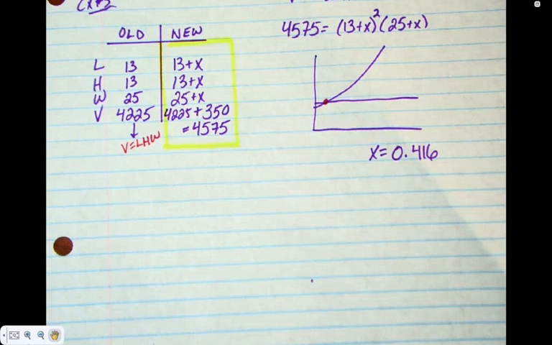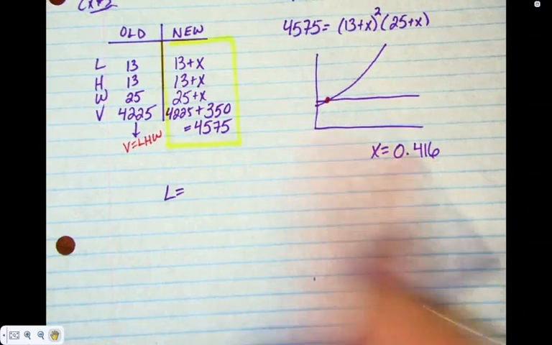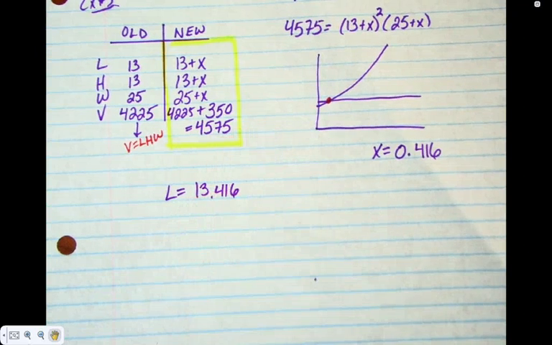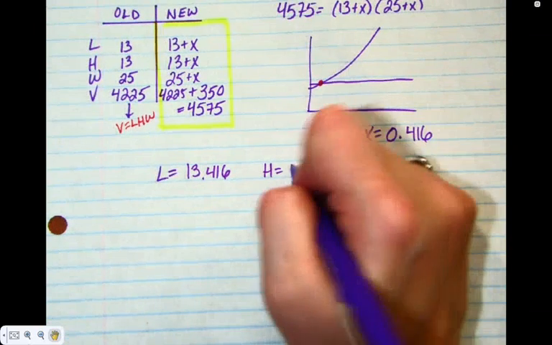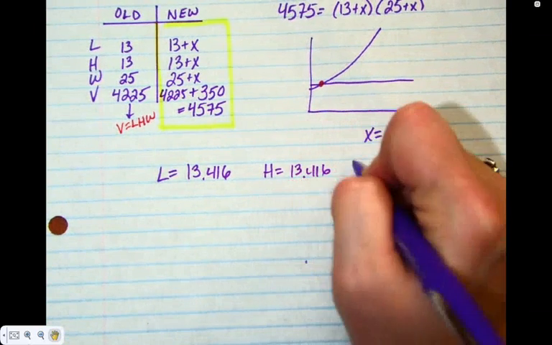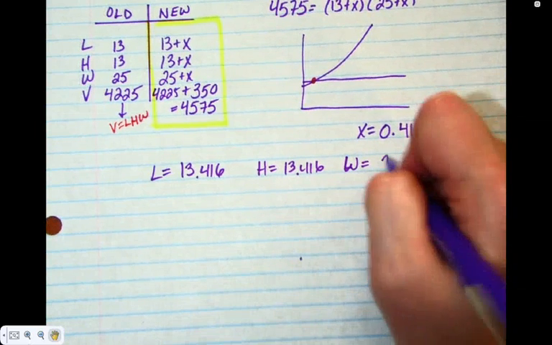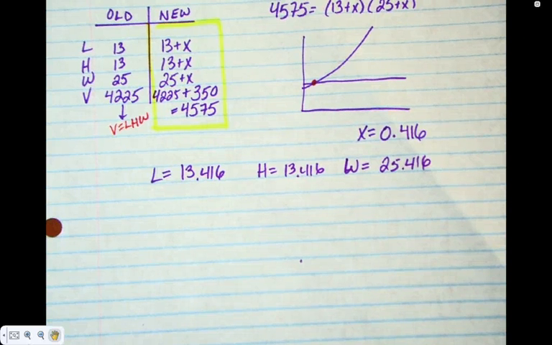Are we done the question? No. What do we need to find? Okay, so the new length. The new height. And the new, what have I not done? Width. Does it really matter what you choose?